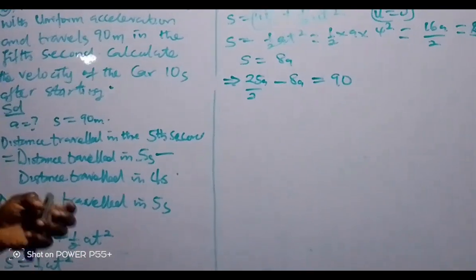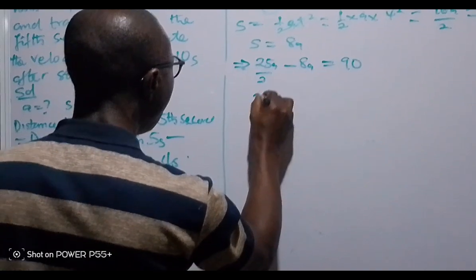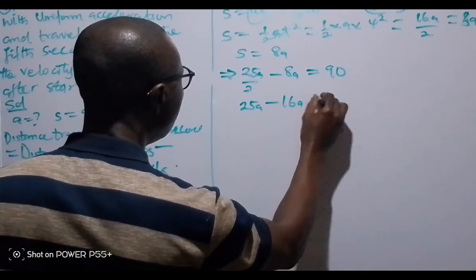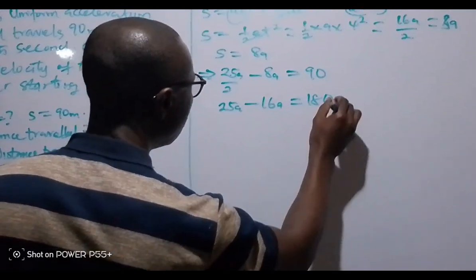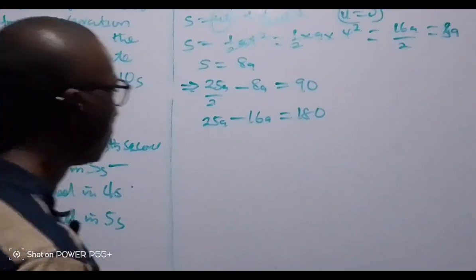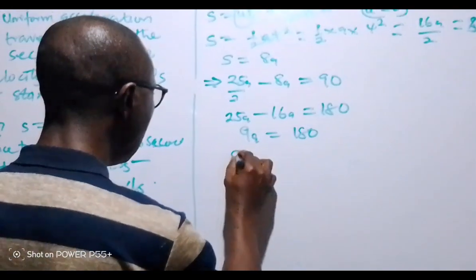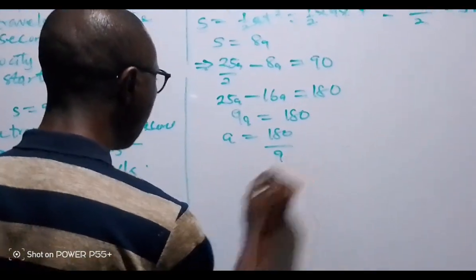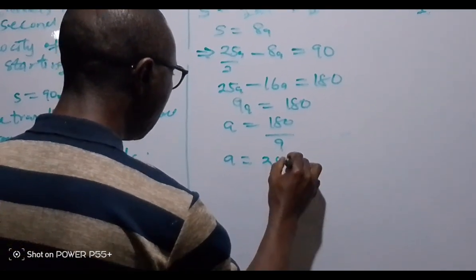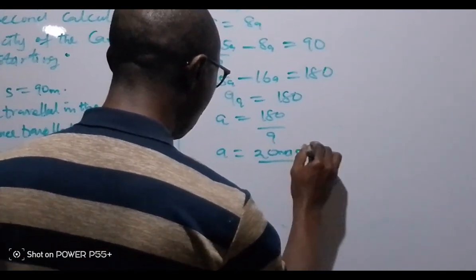Now, from this one will now give us 25a minus 16a is equal to 180. Now, 25a minus 16a, that will be 9a is equal to 180. a now is equal to 180 divided by 9, and for a now, it will be equal to 20 meters per second squared.